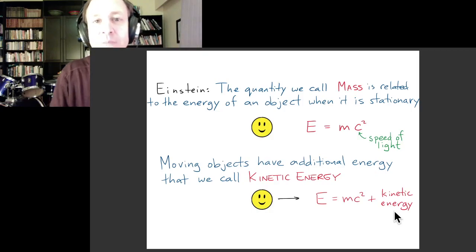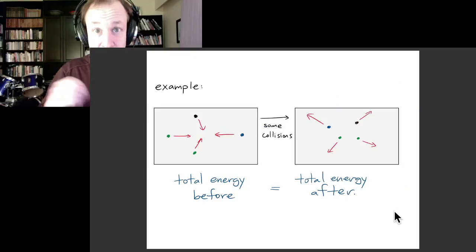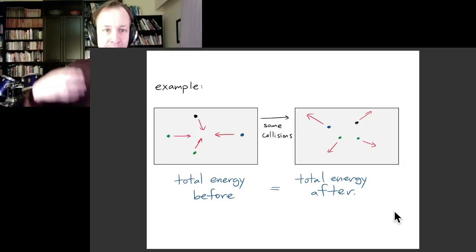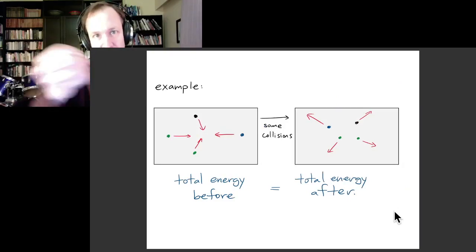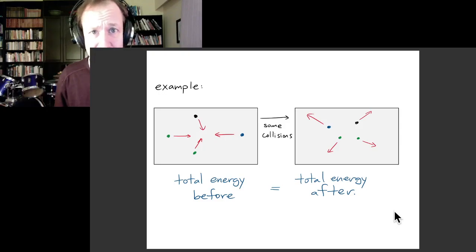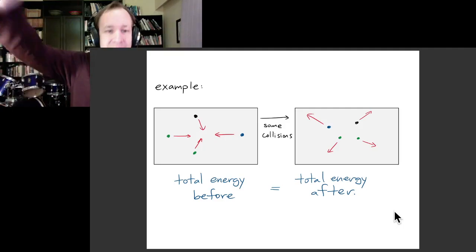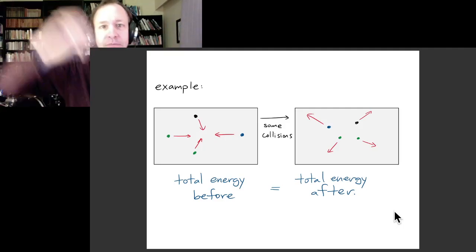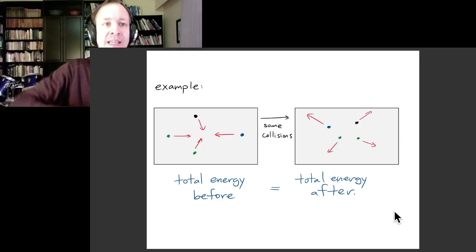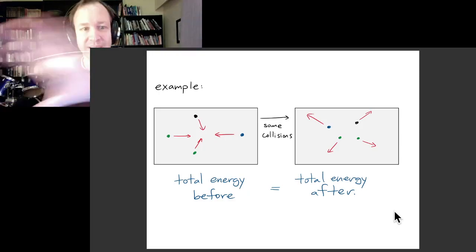Just as a more interesting example of what energy conservation would do for you, this would help us analyze even more complicated situations where, instead of just one isolated object, your physical system might have many objects, and they might be colliding with each other. Maybe some of them break apart, and you can have more objects than you started with.